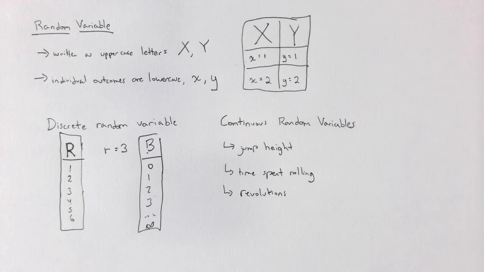So what Carlos is proposing is, what if your ruler that you're using to measure something, let's say jump height, can only be used to the nearest millimeter? And we know that our outcomes, our measurements, will only be in millimeters. Is that then discrete or continuous?